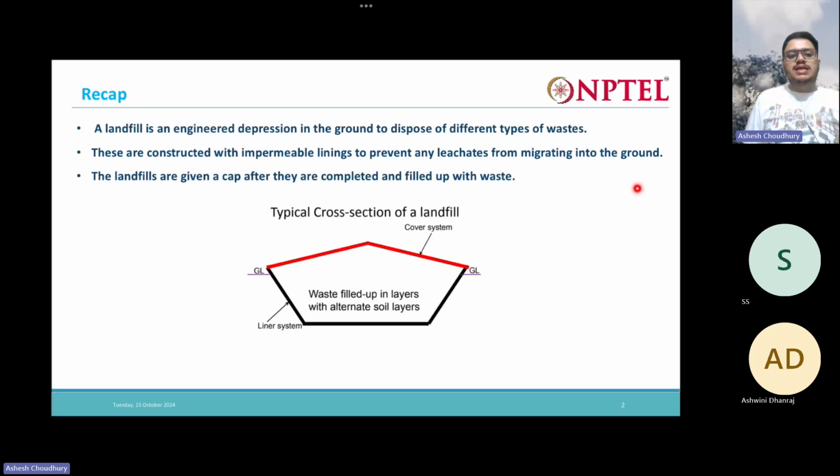The landfills are given a cap after they are completed and filled up with the waste. We have to line the landfill with some liner material, maybe a geosynthetic clay liner or geomembrane, and after the landfill is completely filled, we have to design a cover system also.